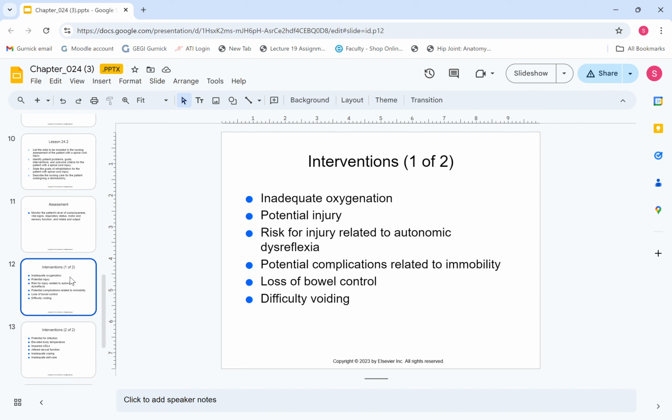A lot of spinal cord injury patients have issues with constipation, and we might have something like a stool softener that we give them. All right, loss of bowel control. So they might be incontinent of bowel, okay, or bladder. Okay, and difficulty voiding, especially if they had bladder issues.